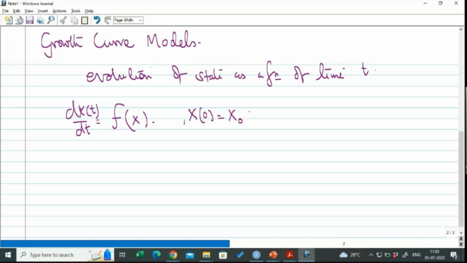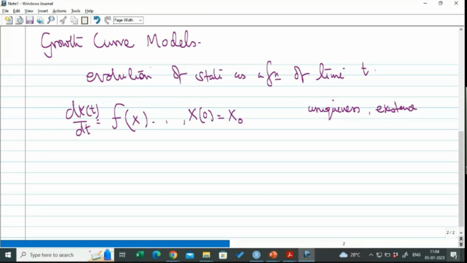And now you have all those uniqueness and existence results from differential equation techniques. We are not going into that. Our concentration is that I have such a differential equation, and there are two aspects. First, how we can solve such a differential equation using the software R. That is our first task.